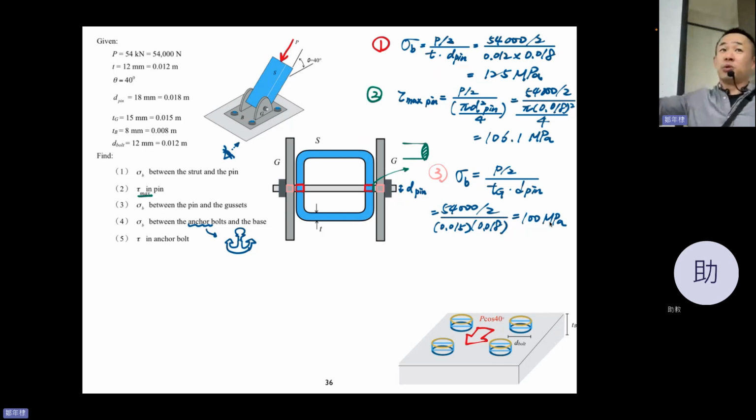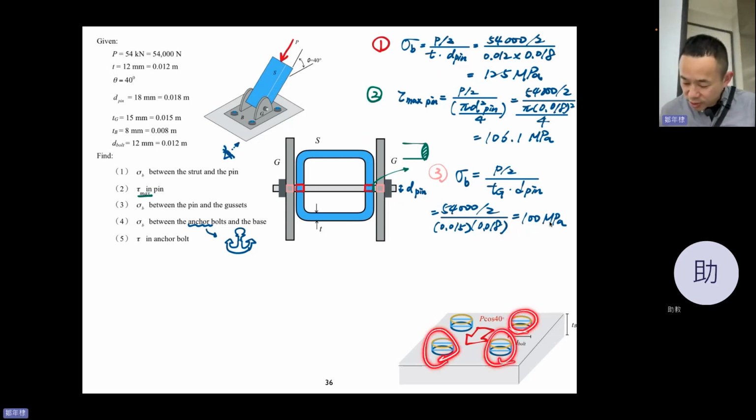Otherwise, the boat will float along the waves, right? So the anchor is just on the ground. Okay, won't move. So anchor bolt will be this one, that one, that one. 4 anchor bolts. So sigma b between the anchor bolt and the base.